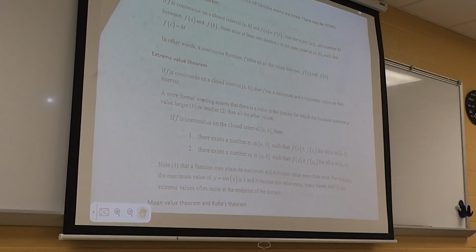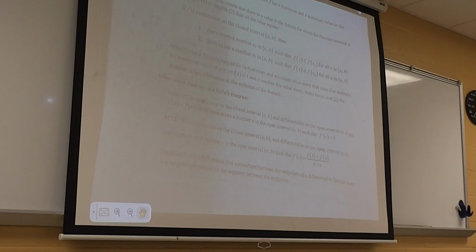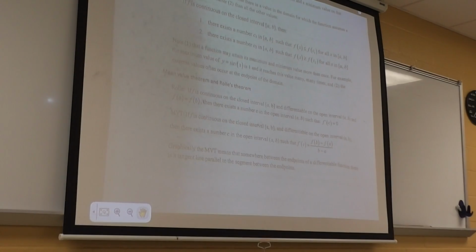Intermediate value theorem guarantees the existence of some function value between any other two function values if you know the function is continuous. Extreme value theorem. I won't read every one, but these are the big guys we've got to have: intermediate value theorem, extreme value theorem, mean value theorem, and Rolle's theorem.